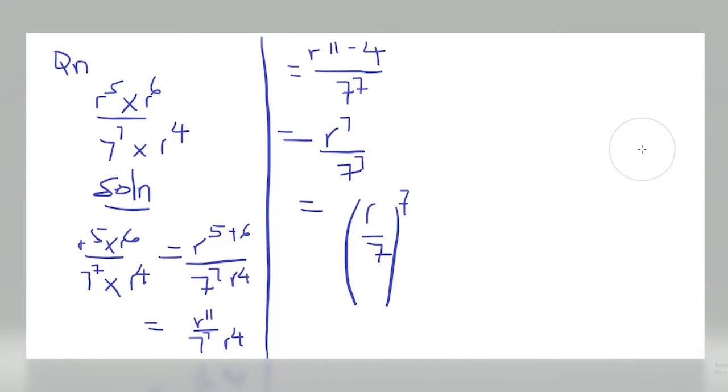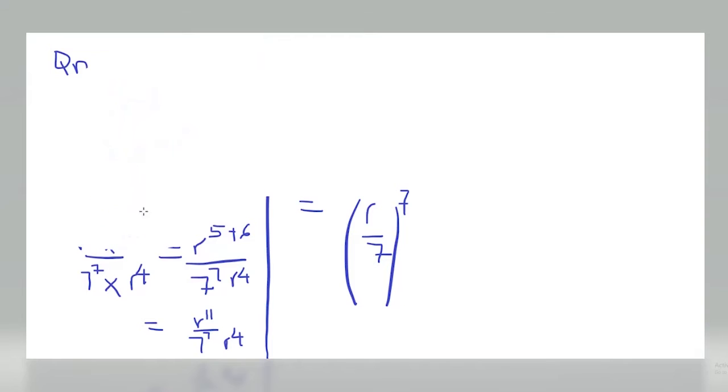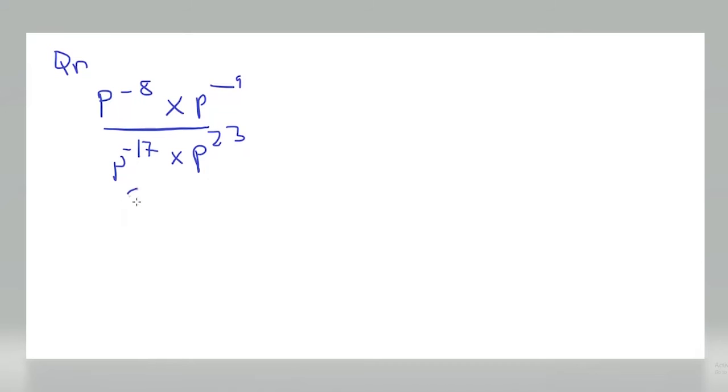Another question can be like this. Find the solution of p power negative 8 times p power negative 9 over p power negative 7 times p power 23, and they can be asked to simplify the expression.